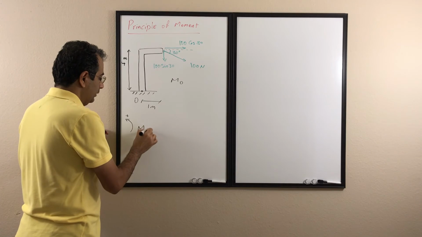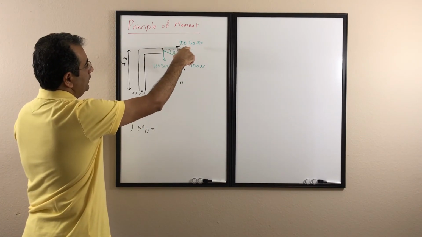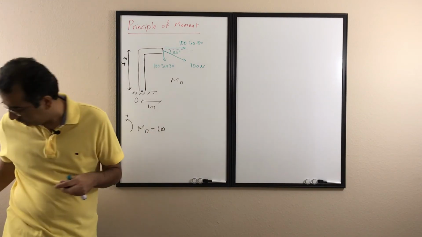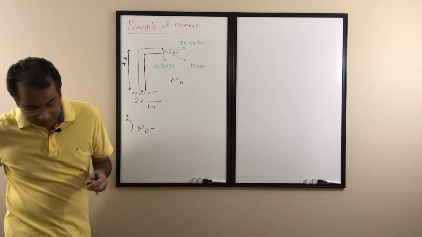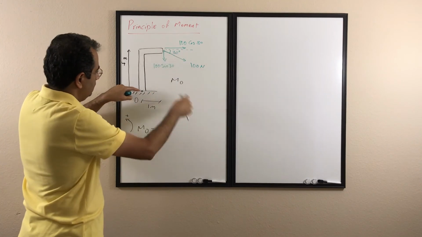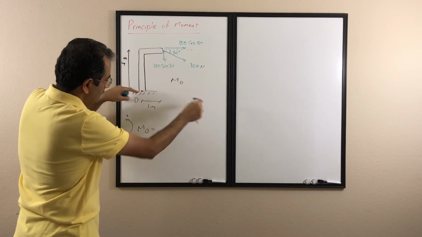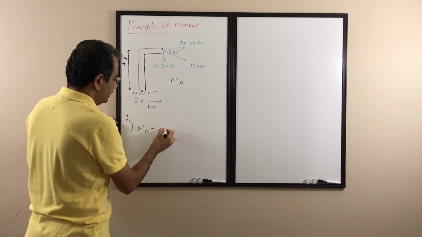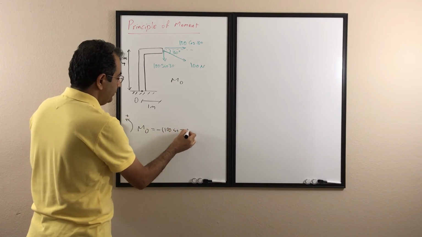So M about O, we start with the x direction. Look at the force. If I consider that force, it is rotating clockwise. If I connect a rope from here to the force and see which direction it rotates, it is clockwise, so it's going to be negative, and the magnitude of the force is 100 cosine 30.